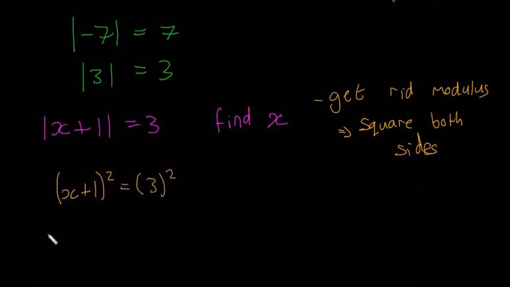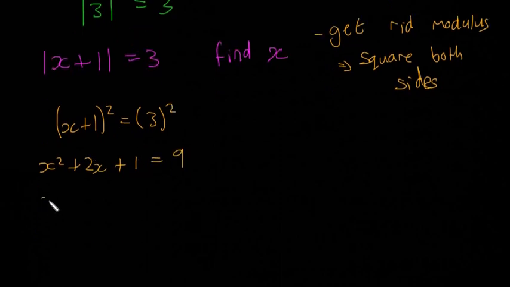If you square this, you're going to get x squared plus 2x plus 1 is equal to 9. Then that's x squared plus 2x minus 8 is equal to 0.